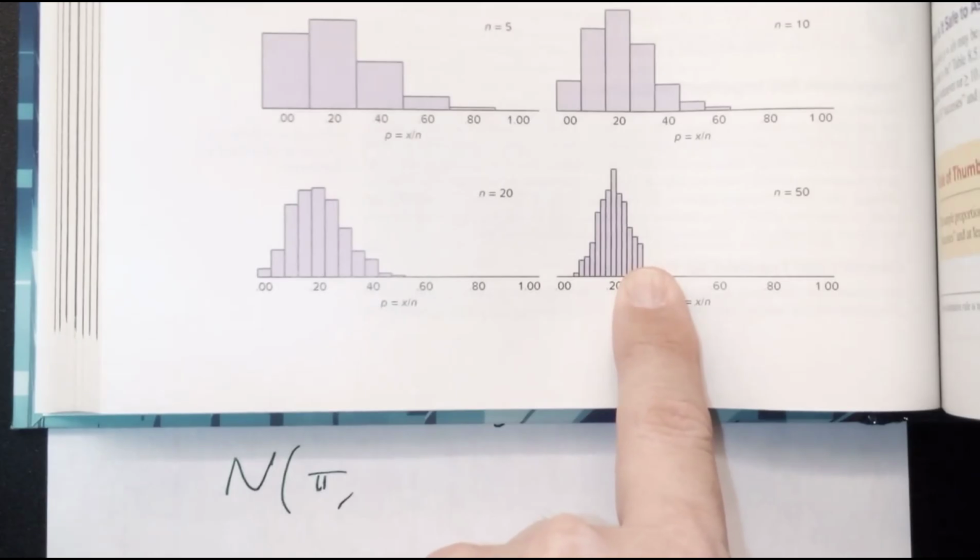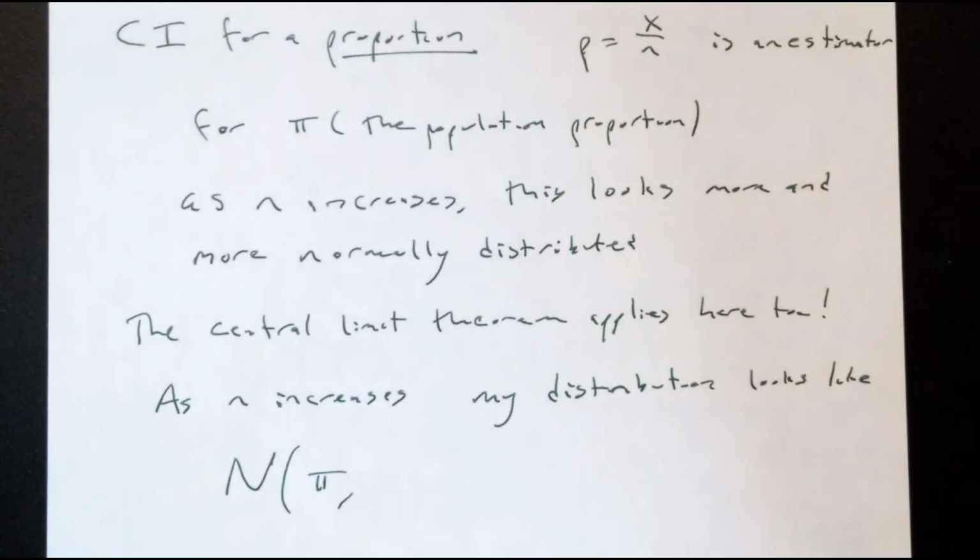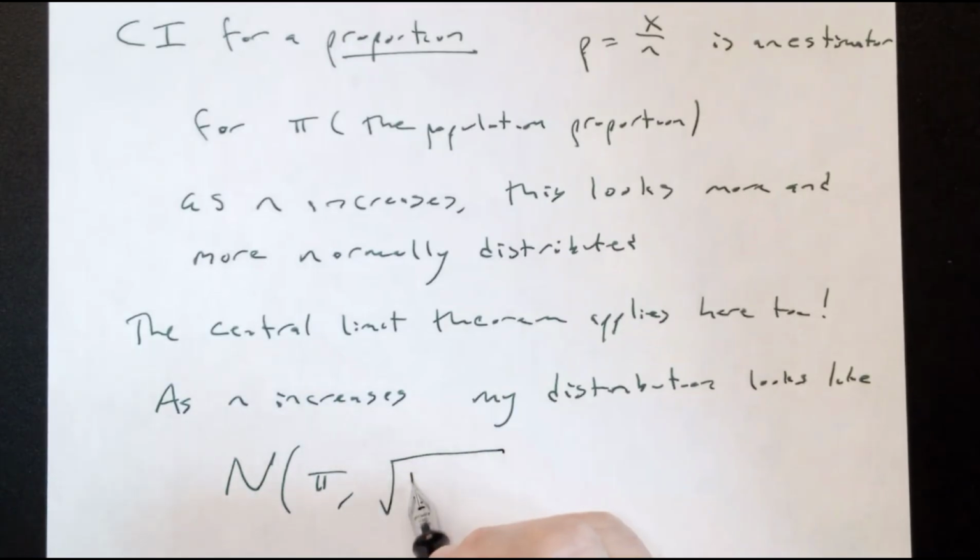And that means I can use what we were using as a standard deviation from the binomials. And in this case, that gives me a really nice, easy calculation. The standard deviation is the square root of P times 1 minus P over N.